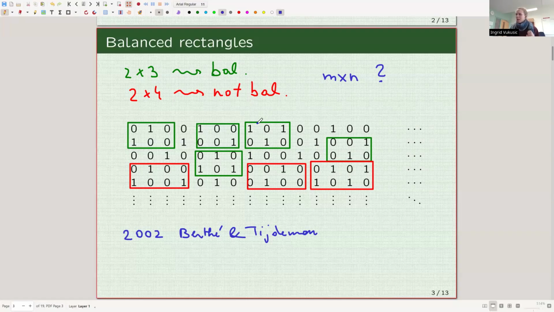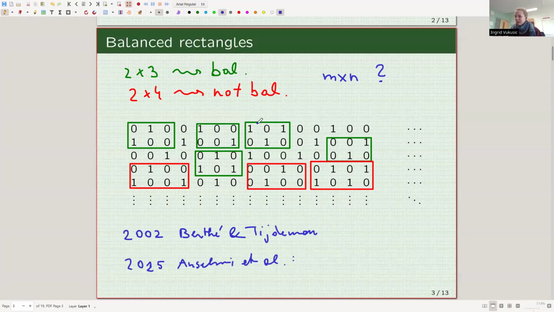But in a recent paper, in 2025, Anselmo, Giammarresi, Madonia, and Selmi found a whole family of balanced m by n pairs, let's say.